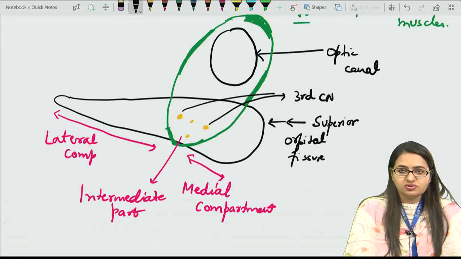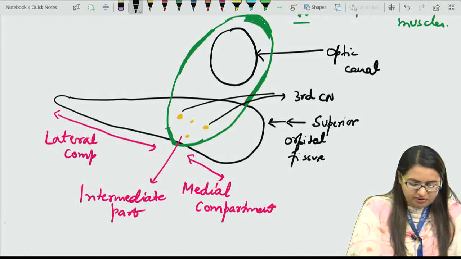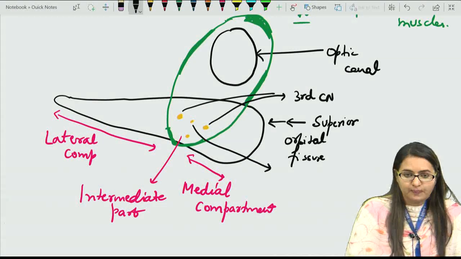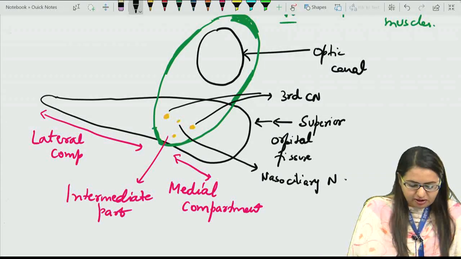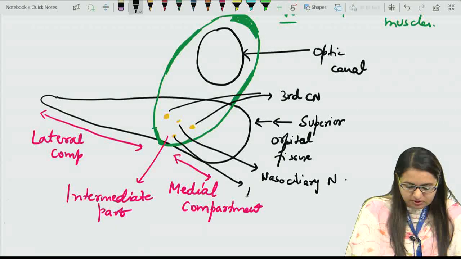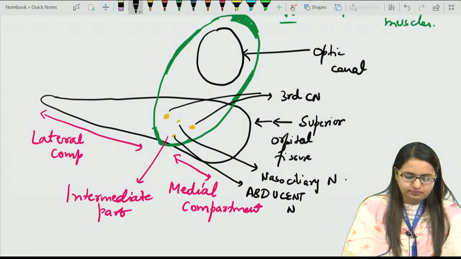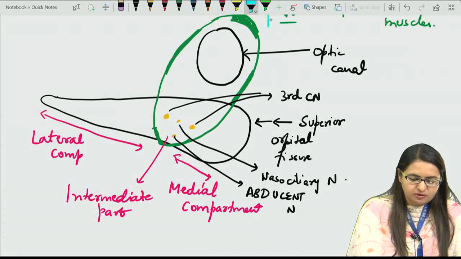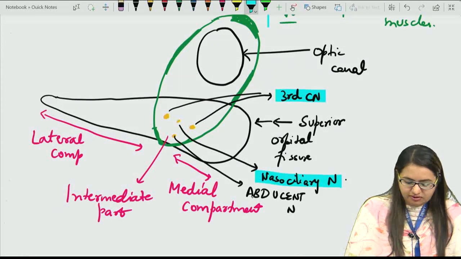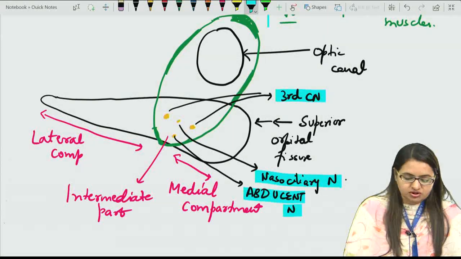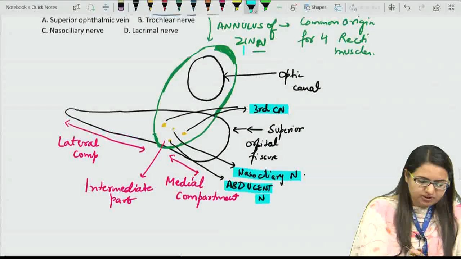In between the 2 divisions, we have the nasociliary nerve, and apart from this we have the passage of the abducens nerve. So within the annulus of Zinn, the 2 divisions of the 3rd cranial nerve, the nasociliary nerve and the abducens nerve, these 3 structures are passing through the intermediate compartment.